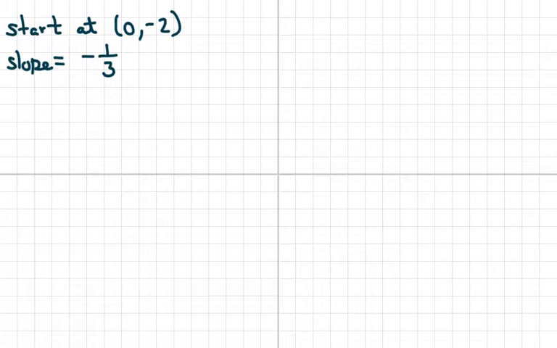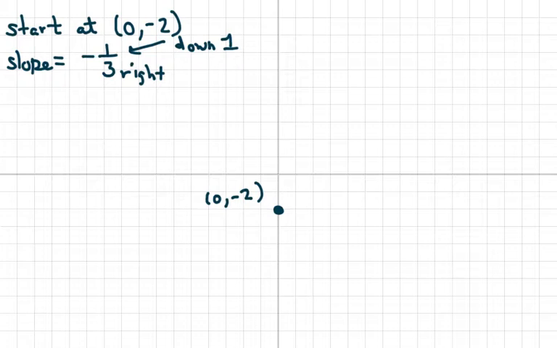Start where you're supposed to start, follow the slope, graph the line. Okay. So you started at 0, -2. Top number is the change in y, so I'm going to go down 1 and right 3.